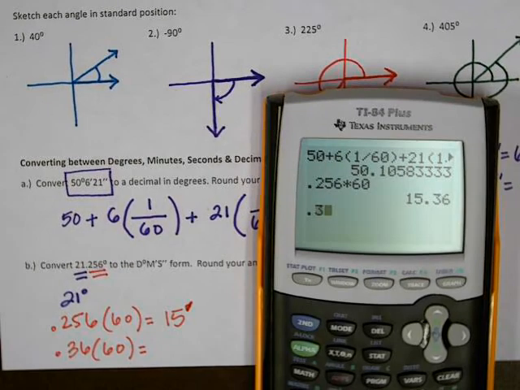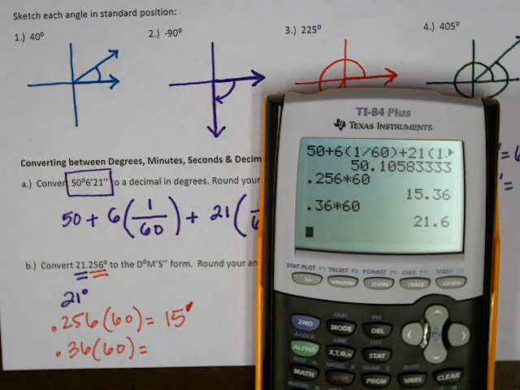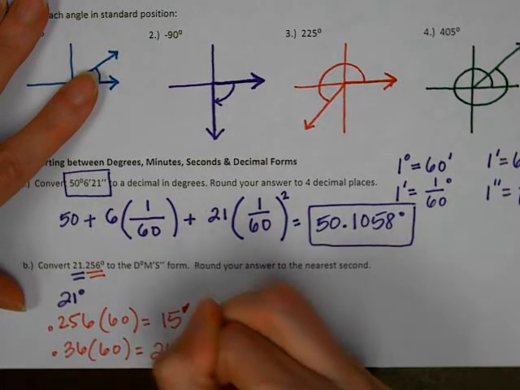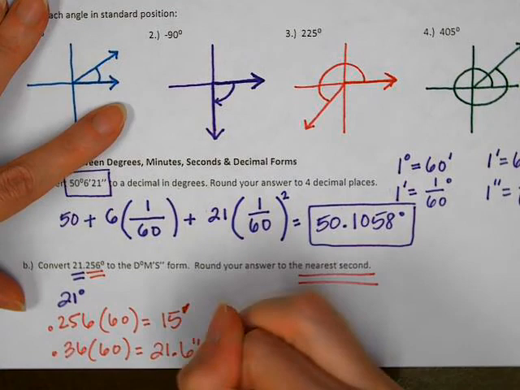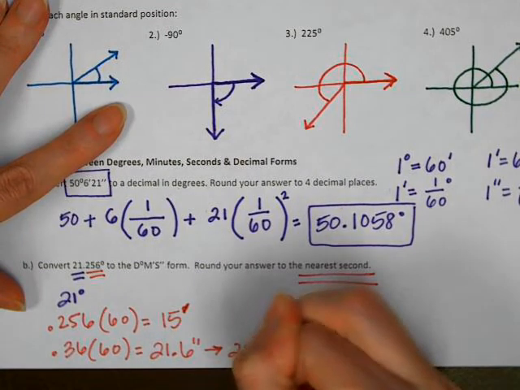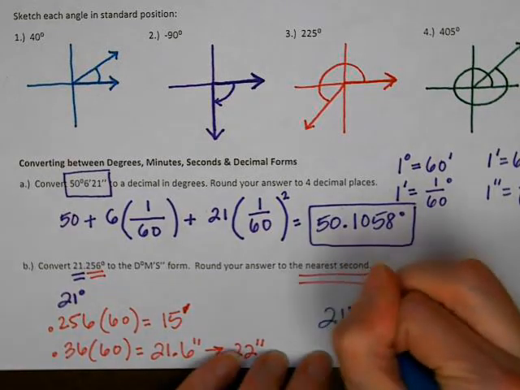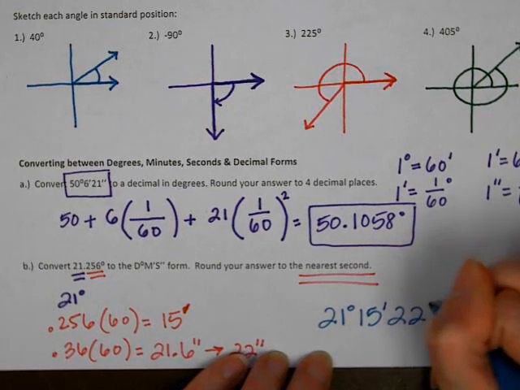So the 0.36 times 60 again, and that's 21.6 seconds. But it says round it to the nearest second, so let's round that to 22 seconds. So final answer, we have 21 degrees, 15 minutes, 22 seconds.